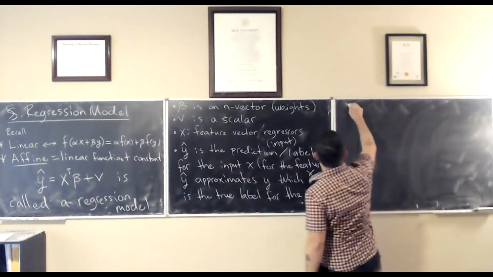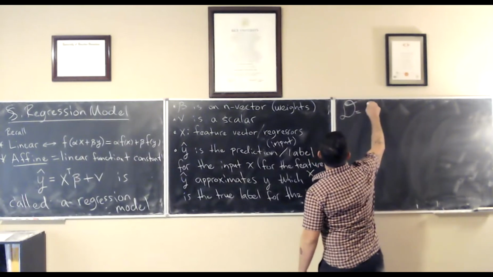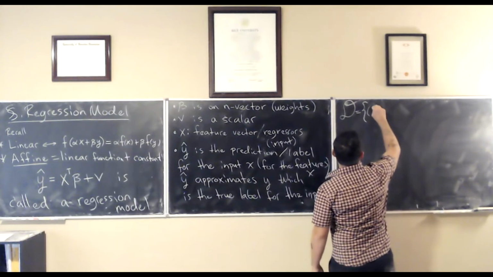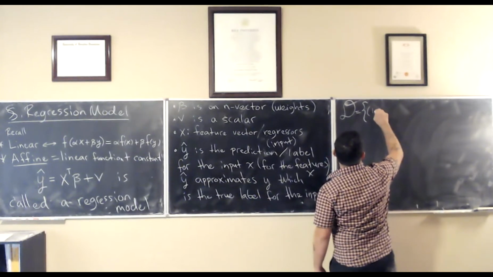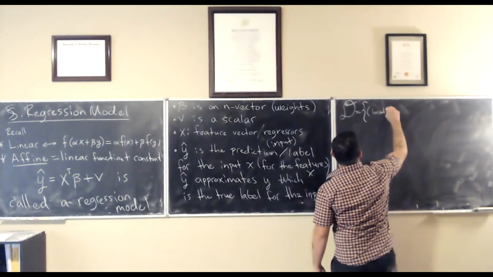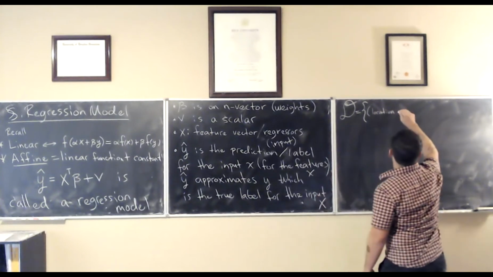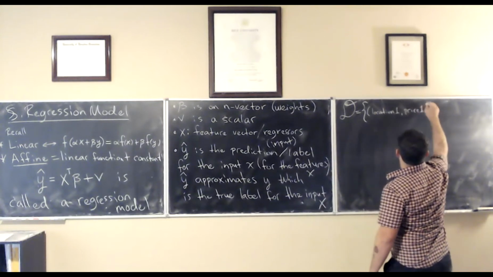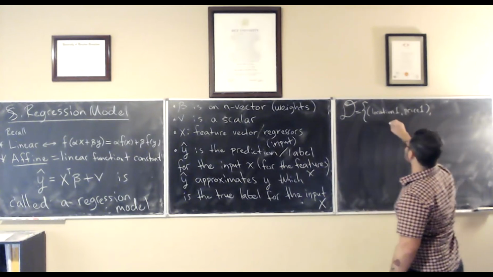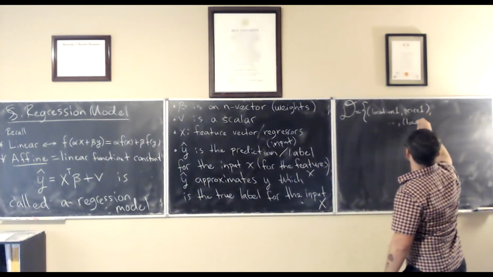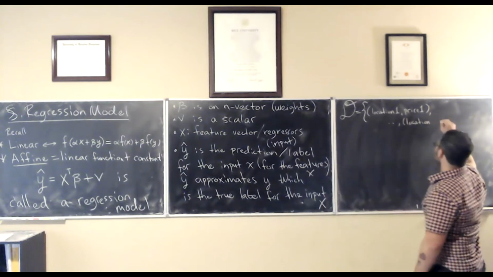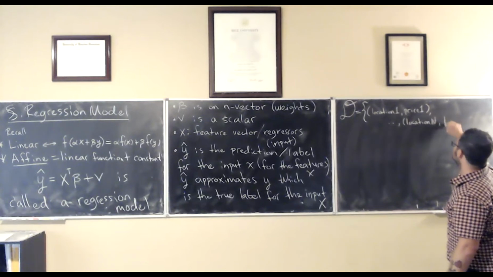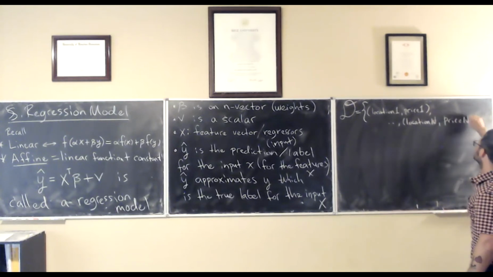So a company can gather data, and what does this data look like? It can look like location 1, price 1, dot dot dot, location N, price N.